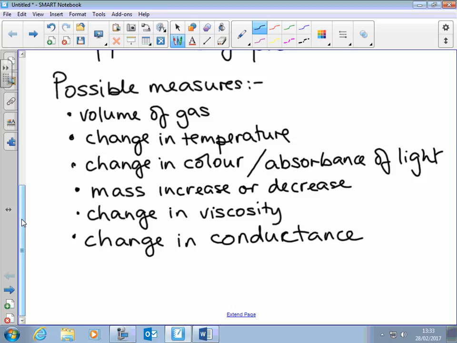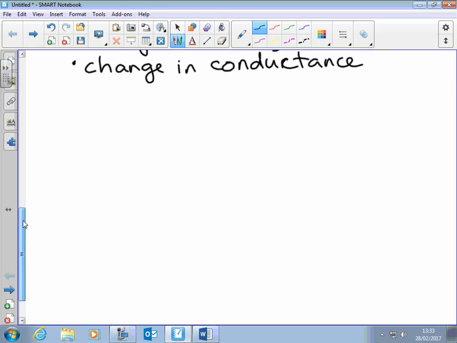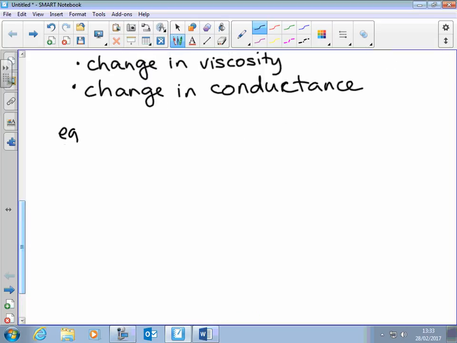For gas volumes, you can almost invent your own little setup, but there are standard ways of measuring gas volumes.